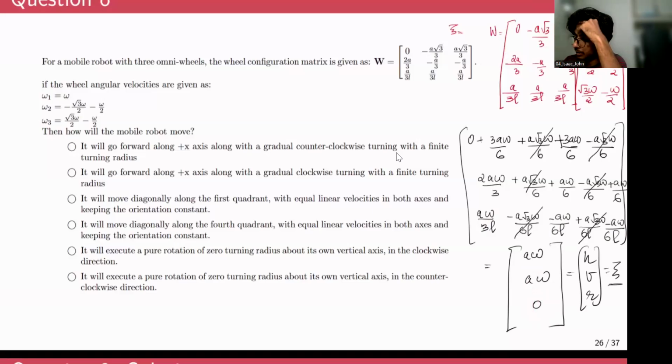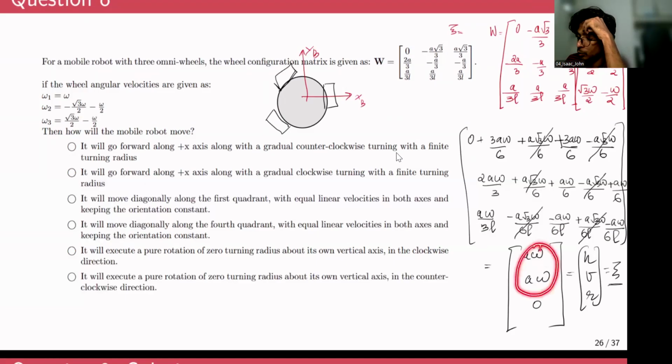So in that regard, the robot, your omni-wheel robot, which is something like this, with 3 omni-wheels like so, and if you consider this to be xb, and if you consider this to be yb, it has a velocity in the u direction, it has a velocity in the v direction.